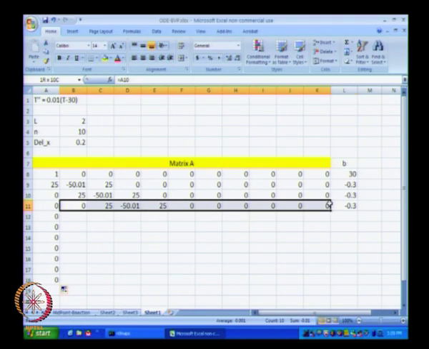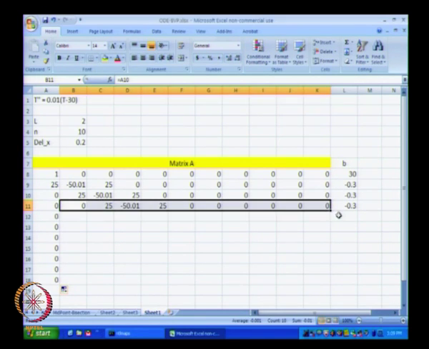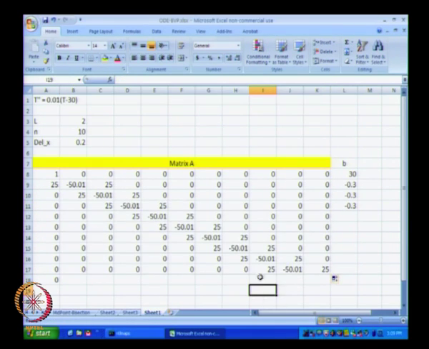And this is what we are going to just drag down. So, this is the 4th row, 5th, 6th, 7th, 8th, 9th and 10th. So, we will drag it down up to the 10th row. Yeah, and this is what we get, and we will check those values again, and minus 0.3.